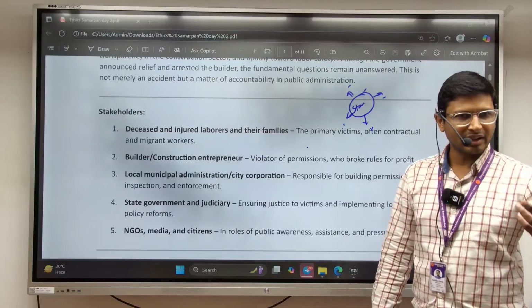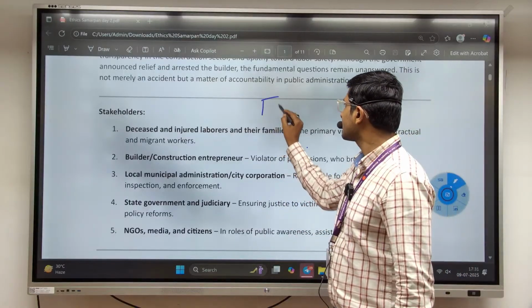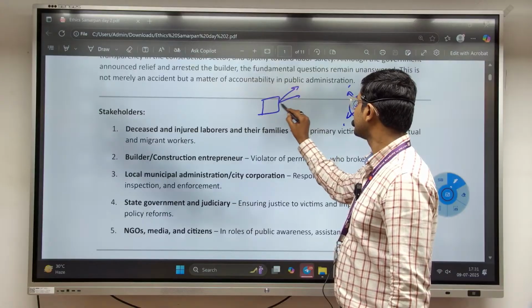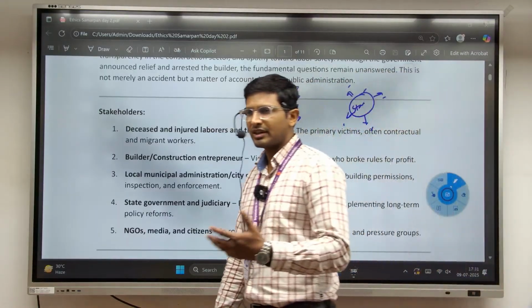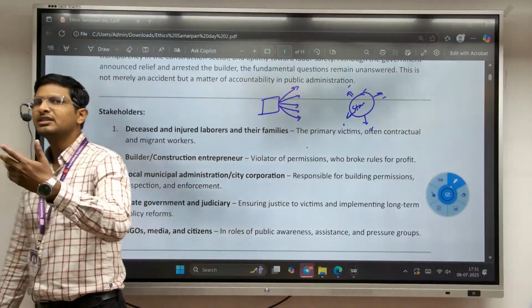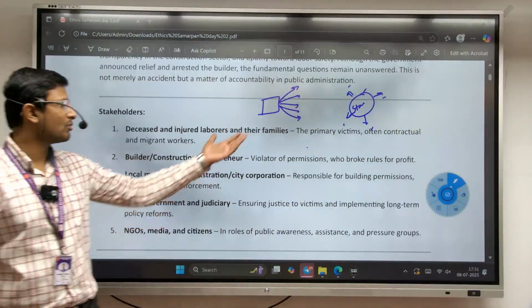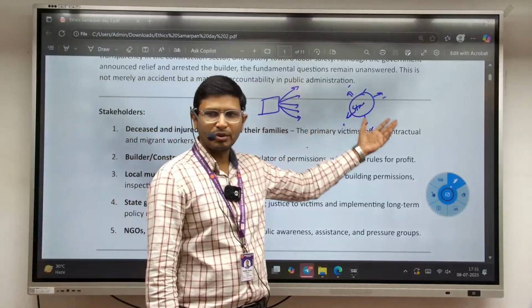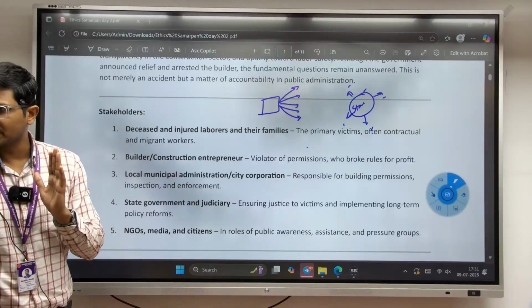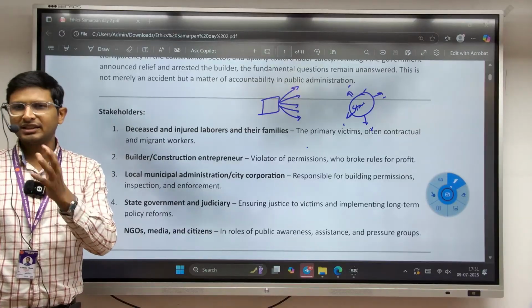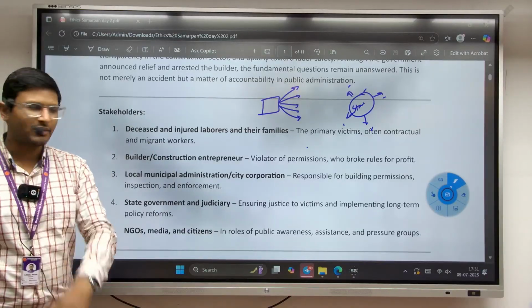You can make a diagram like that, or you can make just a box with arrows like this. So it's a way you can represent differently, but don't do the same thing in all the questions. In some questions do a box like that, in some make a round, in some just write the headings and list down the things. So make a variety. In 6 questions you should maintain the variety.